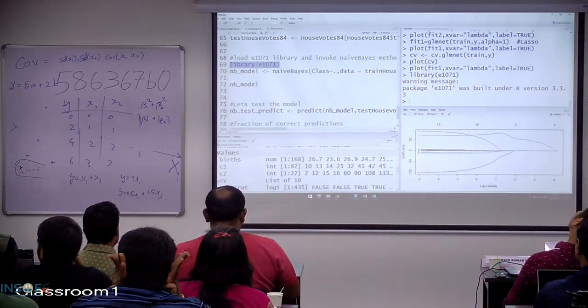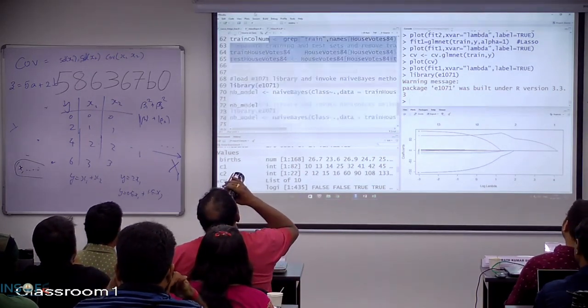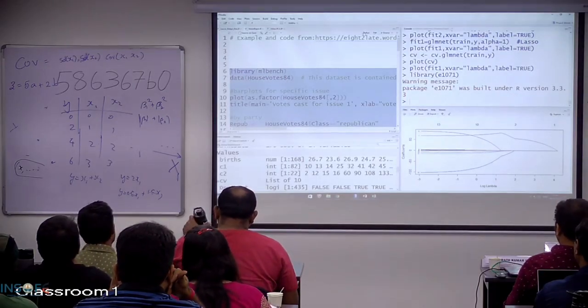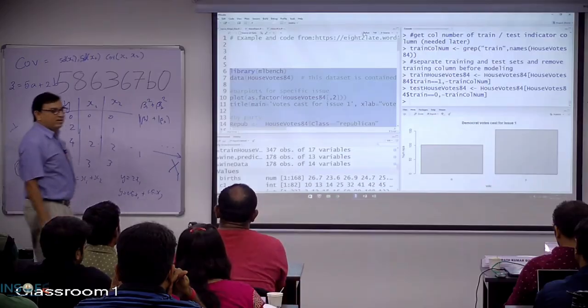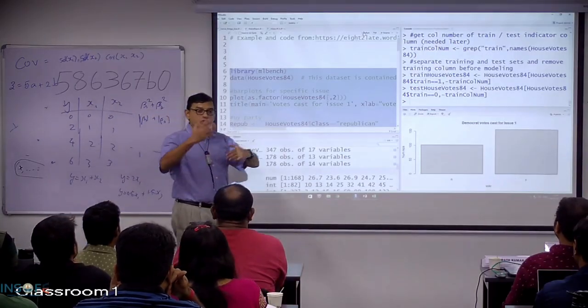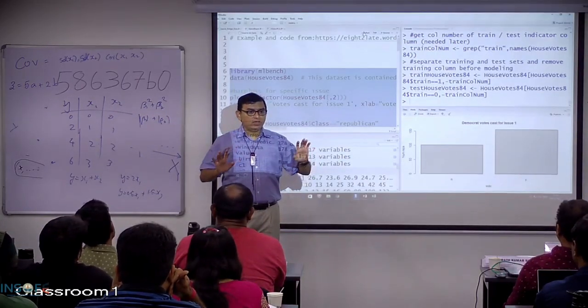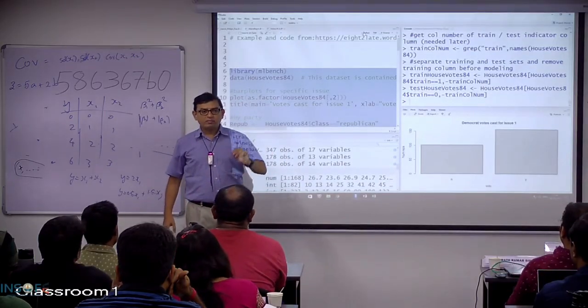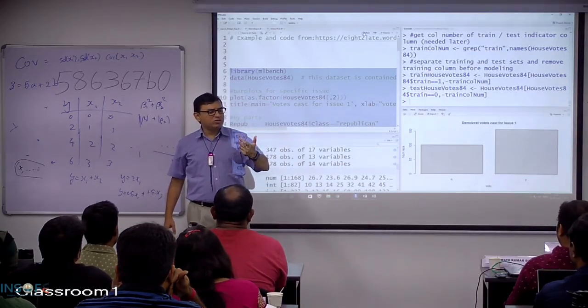So what I have done here, all the code that I have written, is imputation of missing votes. I'm not going to talk about that. The code is here. Please do look at it. What is the way we can impute the vote?